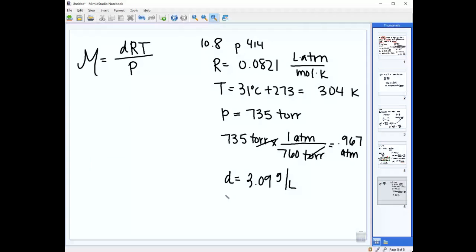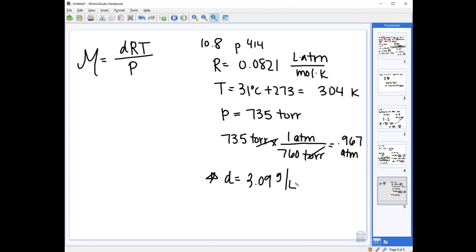So what makes this problem hard, okay, is getting to the density. So you have to look at the pieces of information that they've given you. You know that density is grams per liter, because it's mass divided by volume. They didn't tell you the density of your gas, but they told you the mass of an empty flask versus the mass of it being full.